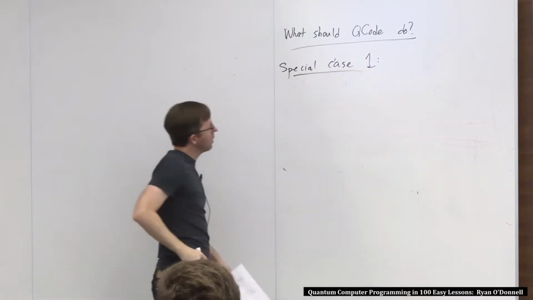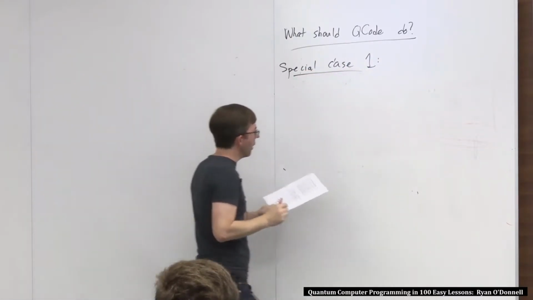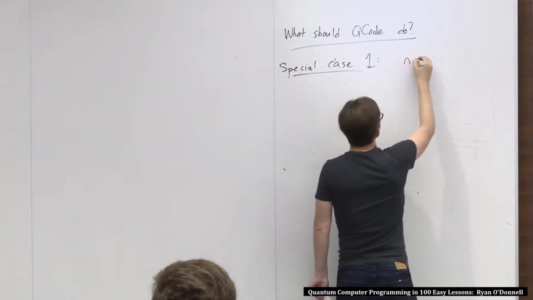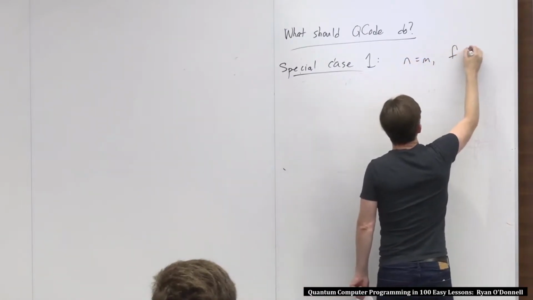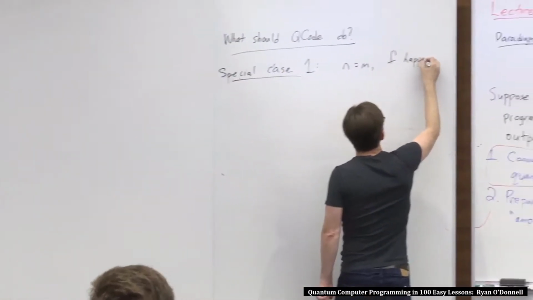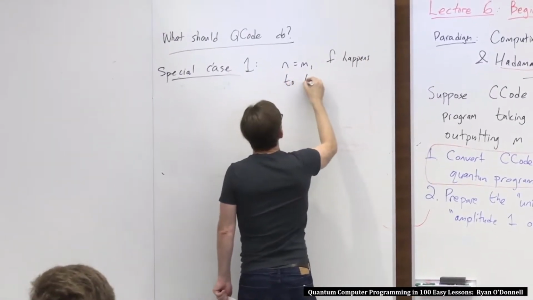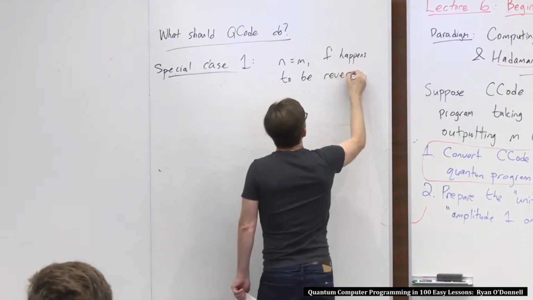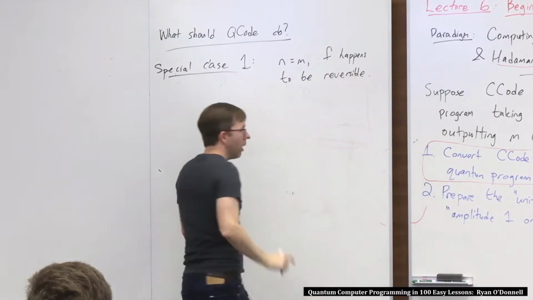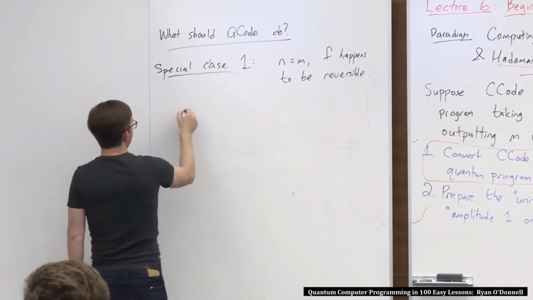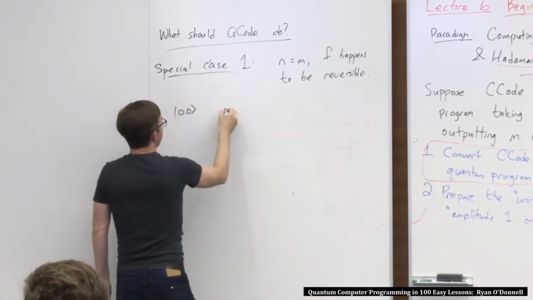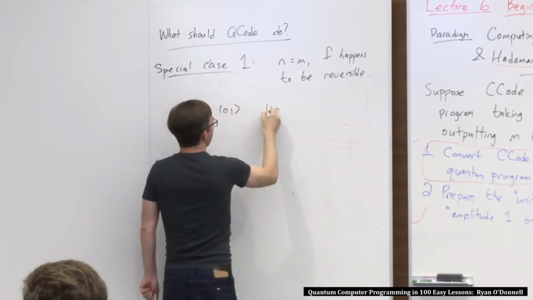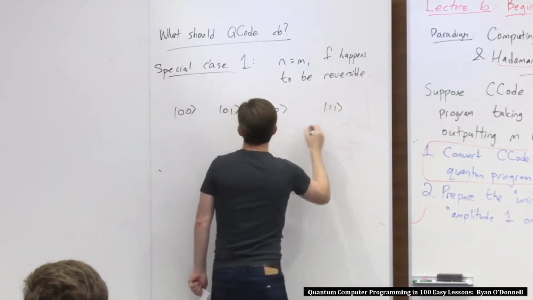And we will actually need this special case later in the course, so let's discuss it. This is the case where n equals m and f happens to be reversible. Very rare, but it does sometimes come up. For example, the increment mod 4 function, or increment mod 8 or anything.